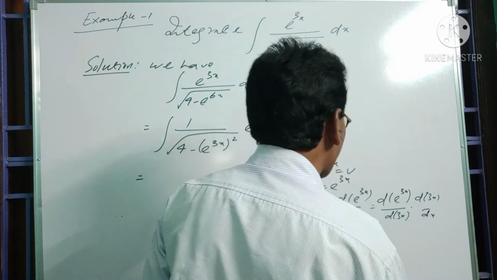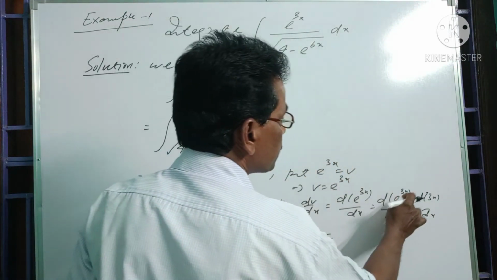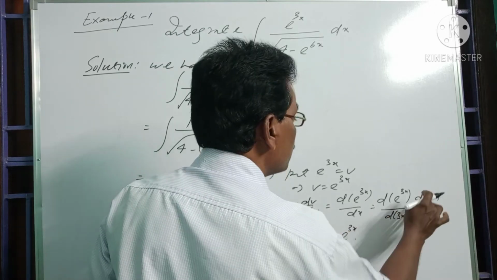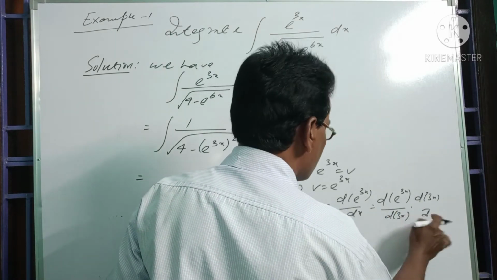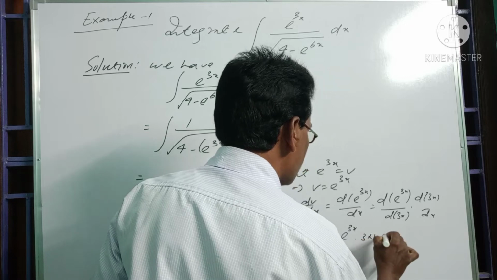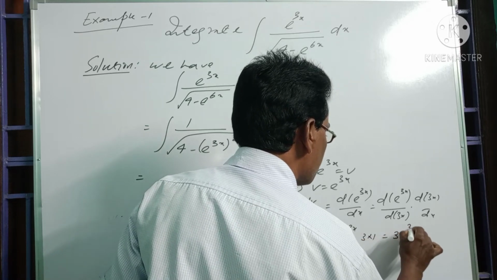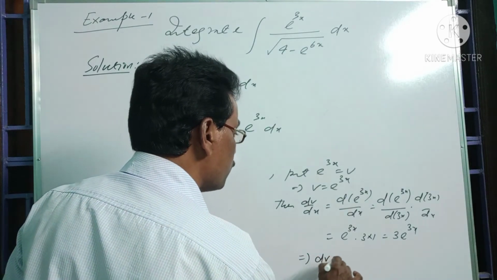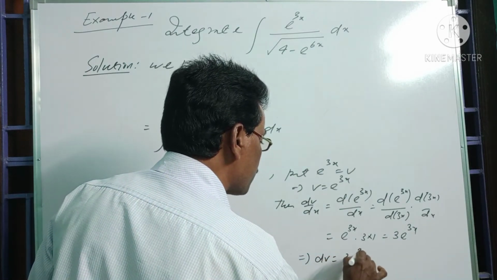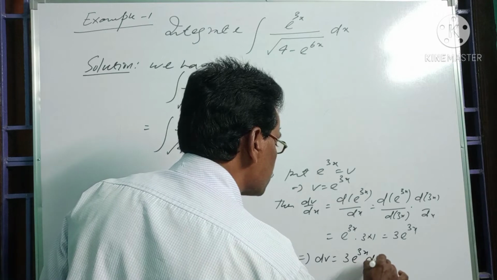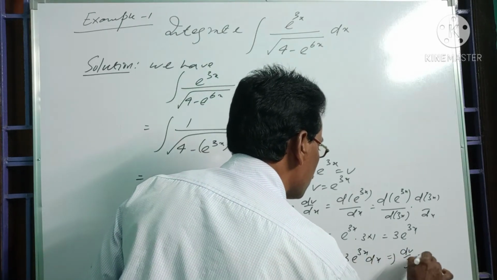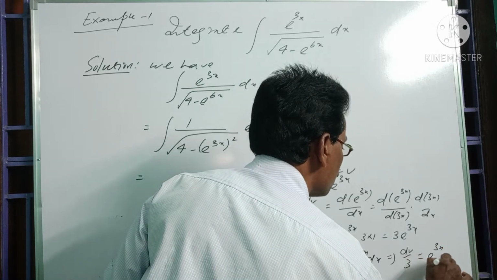The derivative of e to the power 3x with respect to 3x will give us e to the power 3x into the derivative of 3x with respect to x, which is 3 into 1. So simplifying, we have 3 into e to the power 3x. So dv is equal to 3 into e to the power 3x into dx. So again simplifying, dv by 3 is equal to e to the power 3x into dx.